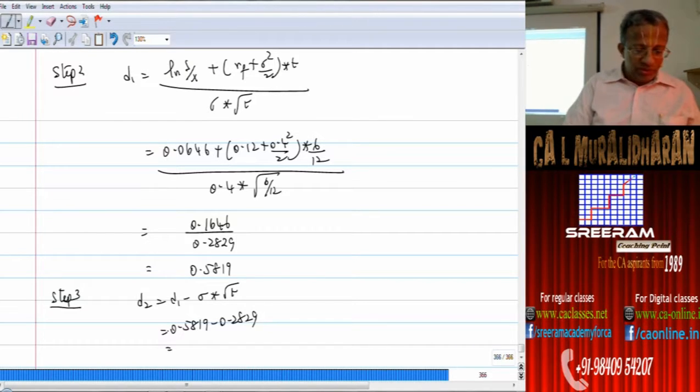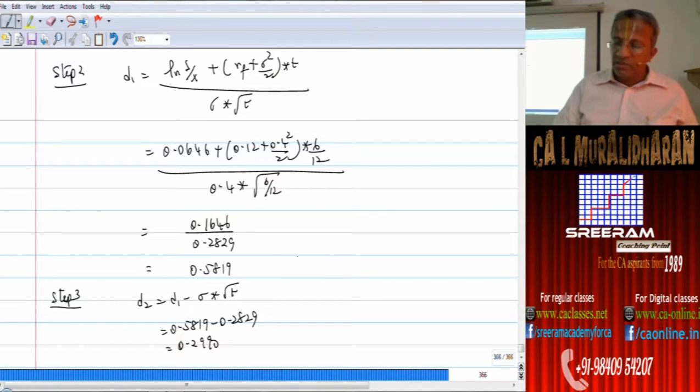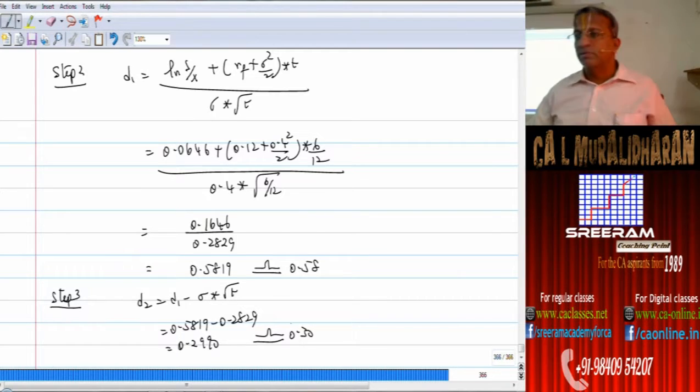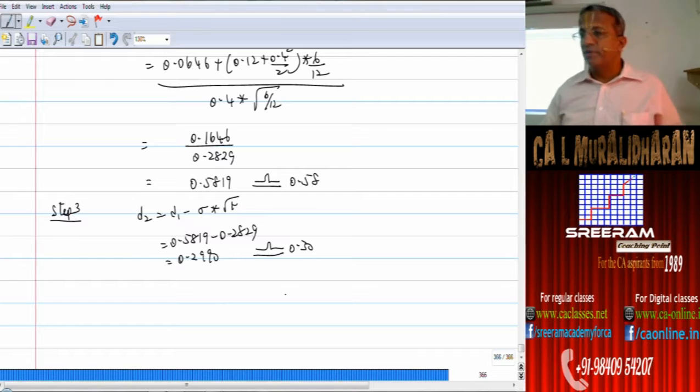Minus 0.2829, that should give you 0.2990. See, all these are to be rounded off is what I told you. So this you take it up with 2 decimals as 0.58. This you round it off to 0.30. So therefore not much of a difference, or you will not have any difference at all.